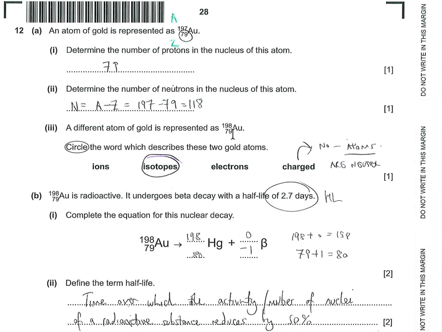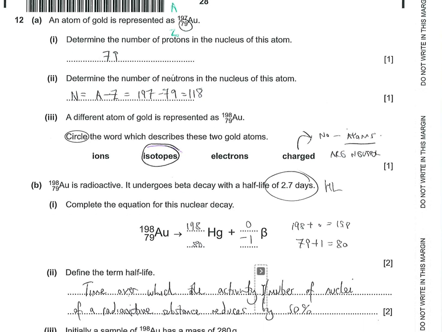Isotopes, as we all know, are atoms or nuclei with the same proton number but different neutron number, i.e. different nucleon number. We're not ions because we're not charged. We're not charged because these are atoms, and atoms are neutral. Charge wouldn't work here because that's implied in the word atom.